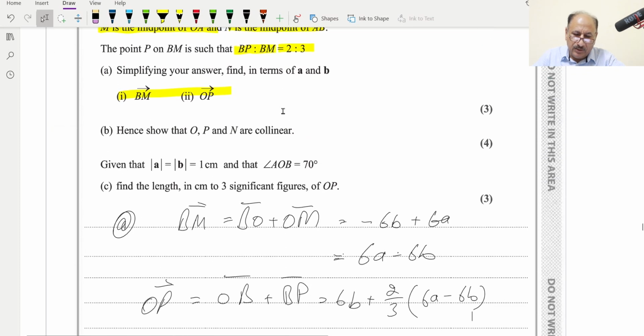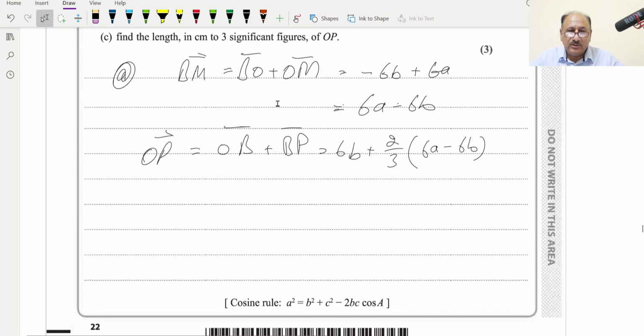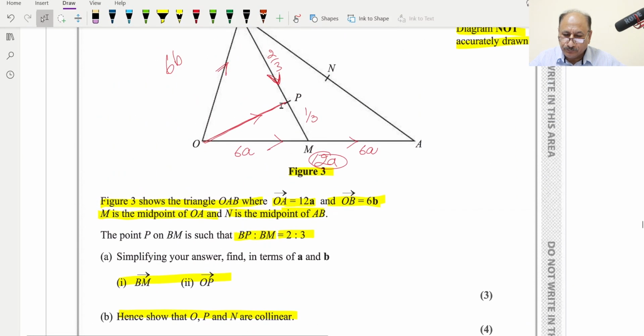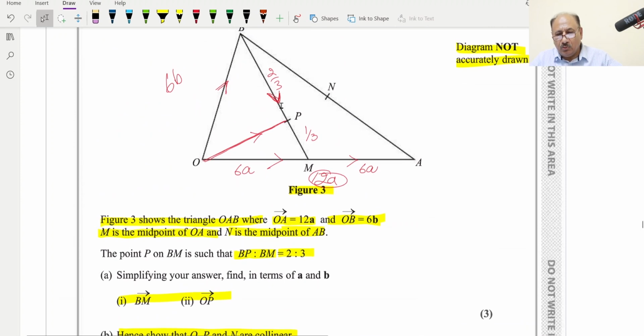Now part b: hence show that O, P and N are collinear. So we have to show that they are collinear. First we will write ON.